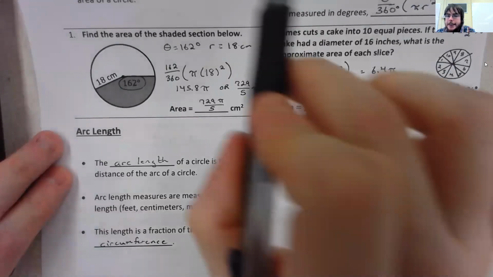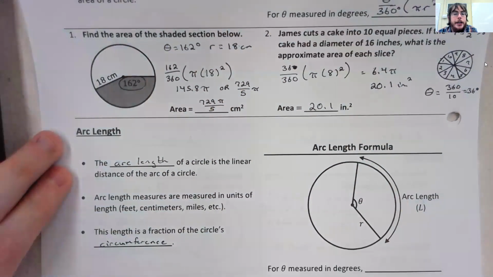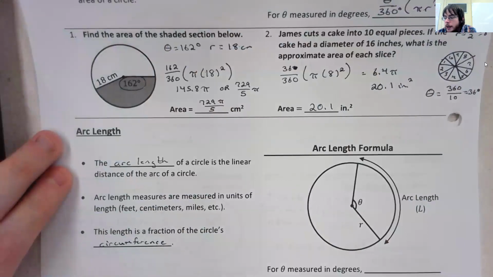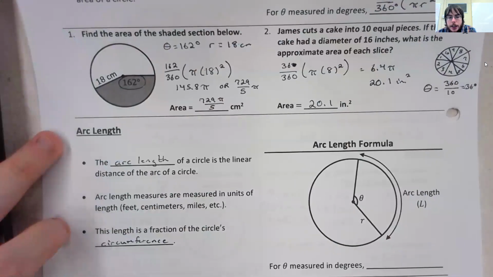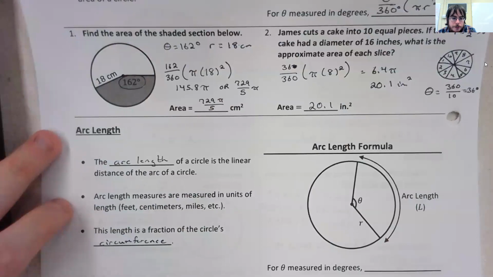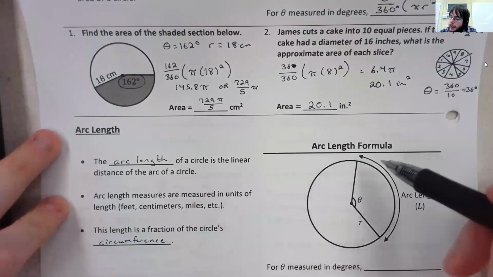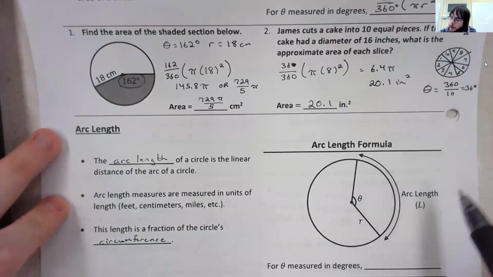So just like the sector area was a fraction of the area, the arc length is a fraction of the circle's circumference. Okay, because the arc length lies on the edge, as you can see here.